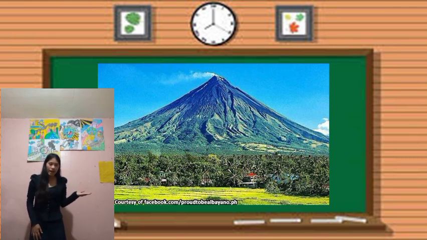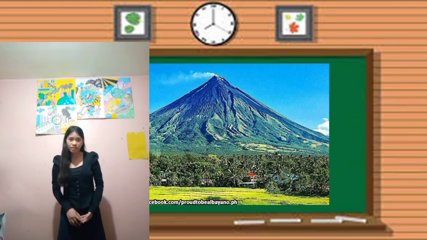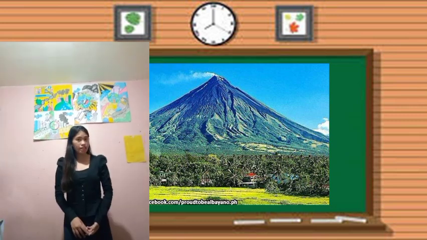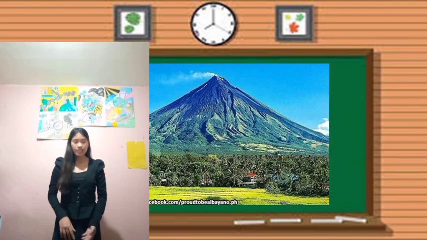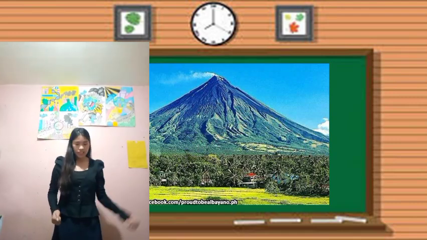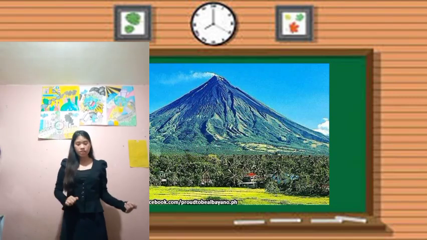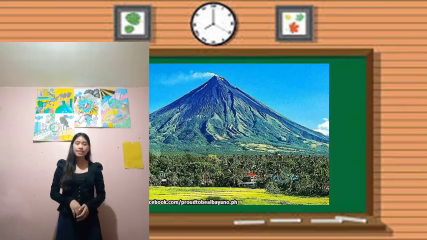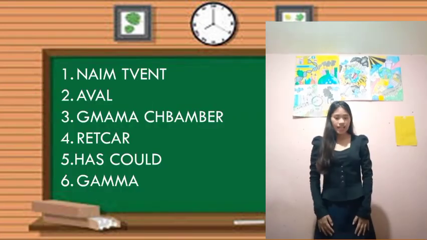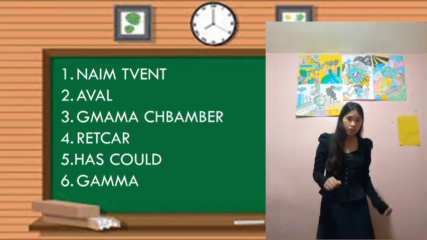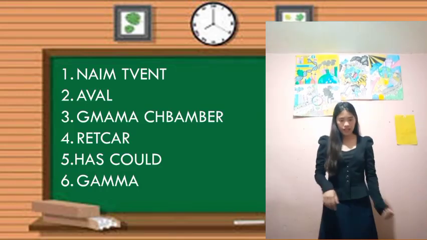This is Albay. Since elementary, you have heard about volcanoes, right? Yes. So when we say volcano, it is defined as an opening in the earth's crust through which lava, ash, and gases erupt.